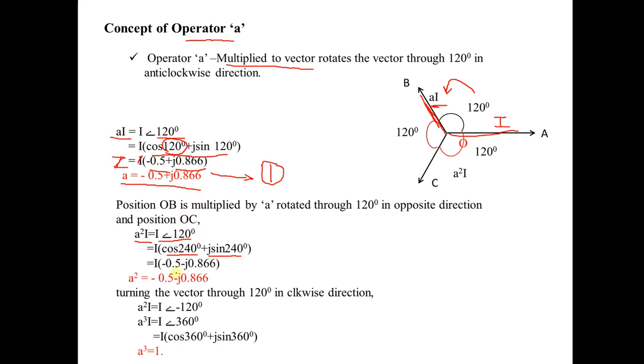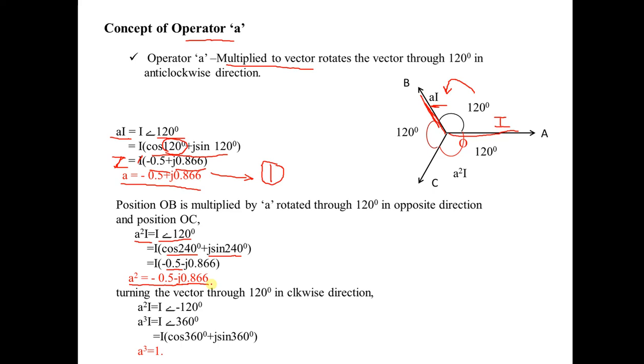Substituting the values, we get minus 0.5 minus j 0.866. The I value cancels, and A square will be minus 0.5 minus j 0.866. This A square turns the vector through 240 degrees in the anti-clockwise direction.